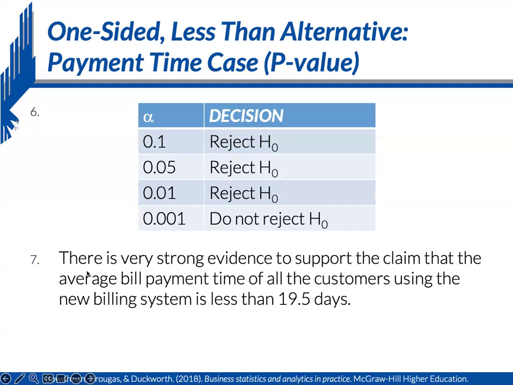And therefore, our interpretation should be the same. There is very strong evidence to support the alternative hypothesis, which states that the average bill payment time of all customers under the new payment system is now less than 19.5 days. So that is the procedure in performing hypothesis tests involving one-sided less than alternative.